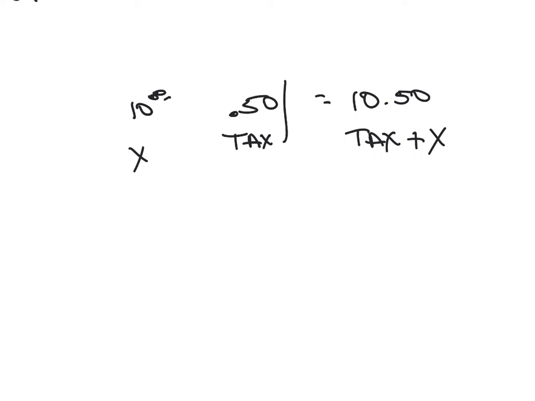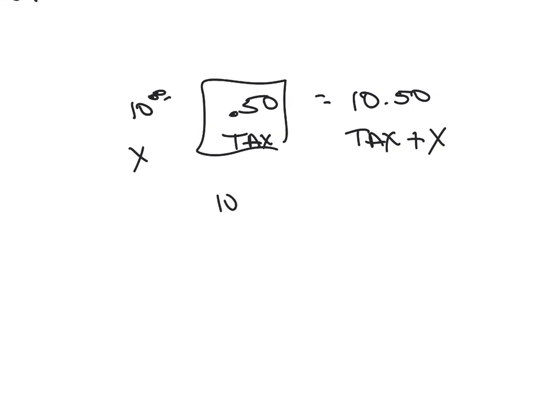So you paid $10 for it, sales tax was 50 cents, that gave you $10.50, which is what you actually ended up paying once you put the sales tax in. So this is the price, this is like the X, this is the tax, and this is the tax plus the price X.